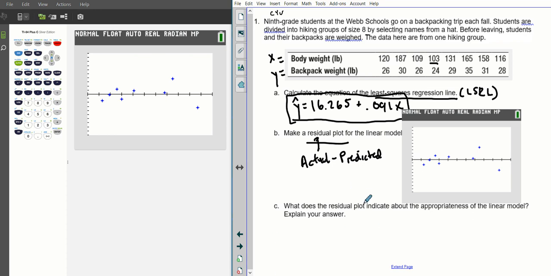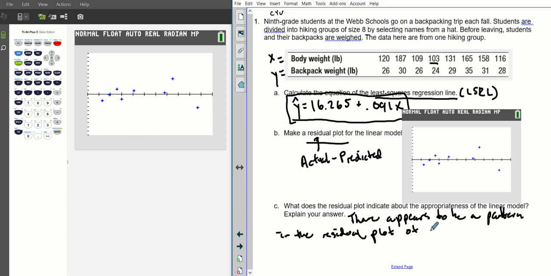Because of that, we're going to say there appears to be a pattern in the residual plot of body weight and backpack weight.